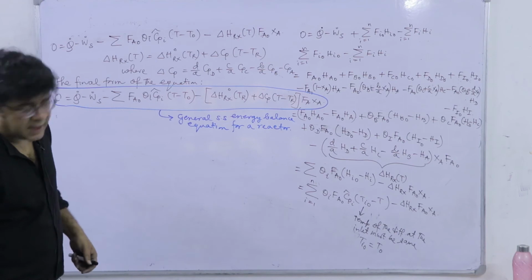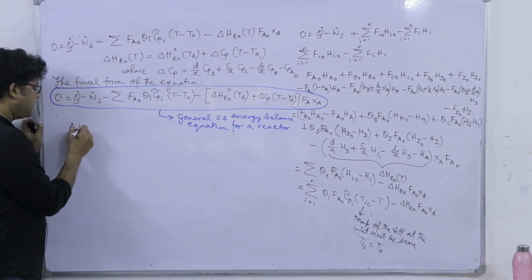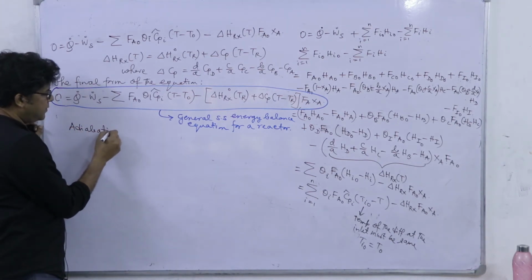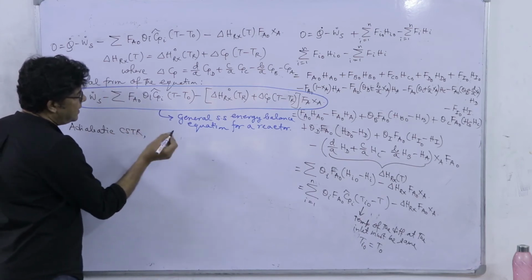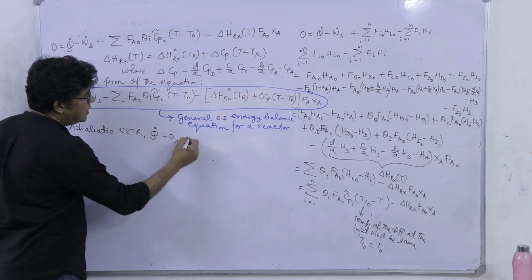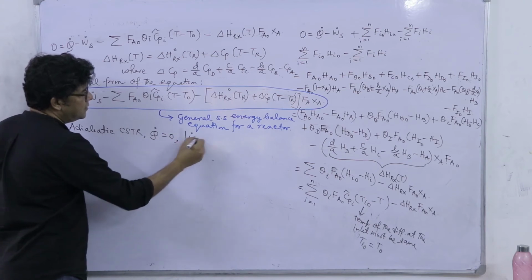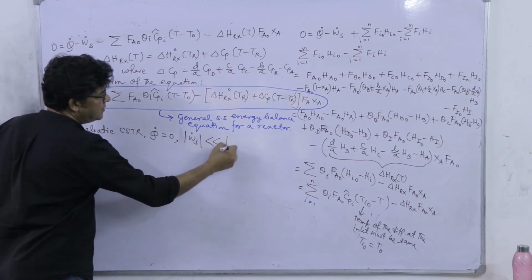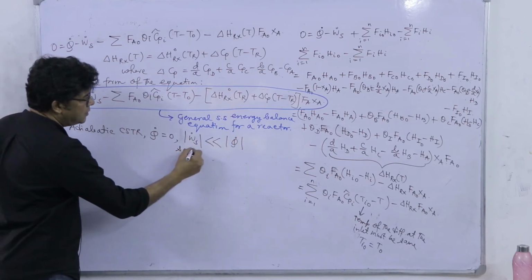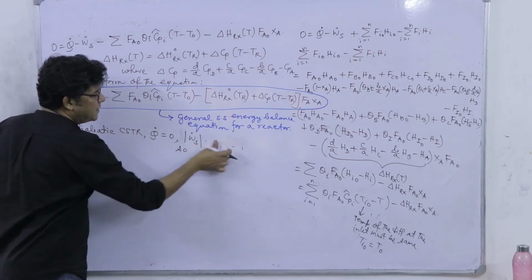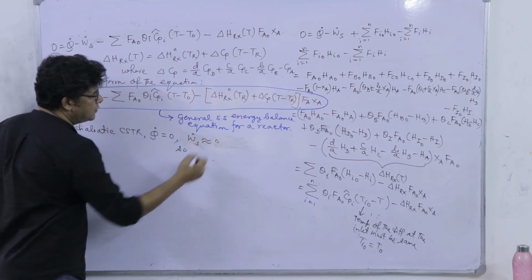Now let's go back to the same problem with which we started our discussion: the adiabatic CSTR. Here Q dot equals 0, and generally the absolute value of W dot S is negligibly small compared to Q dot. As it is adiabatic, this W dot S is also close to 0.